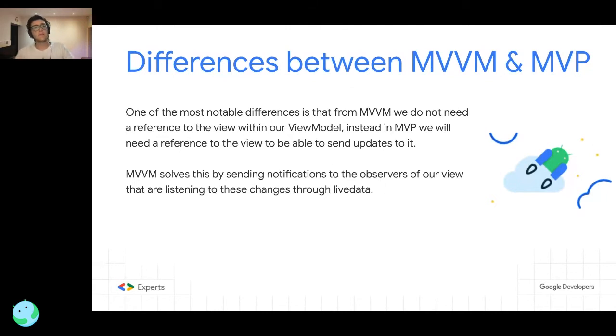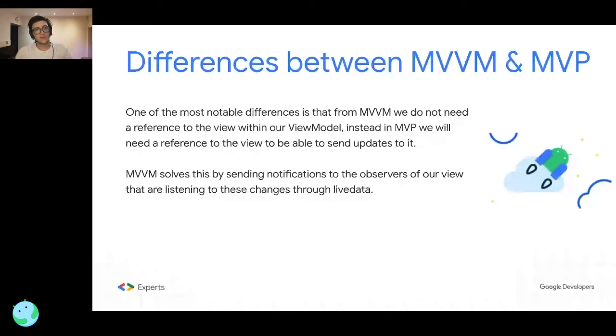But in MVP, we need to reference the view inside the presenter. The presenter needs to know about the UI to notify changes when the data from the data layer is sent to the presenter. So we can get, for example, nulls when we forget to detach the view in the onDestroy method or other lifecycle events of the view, and the presenter can crash in MVP.